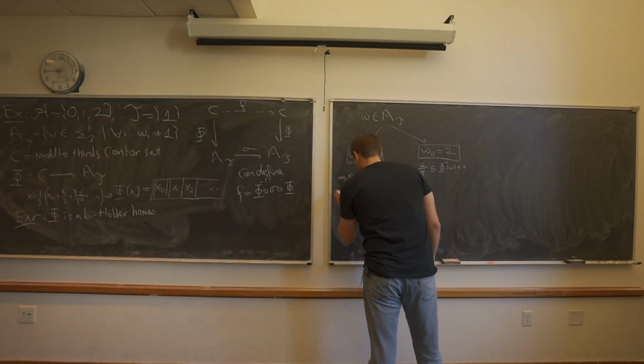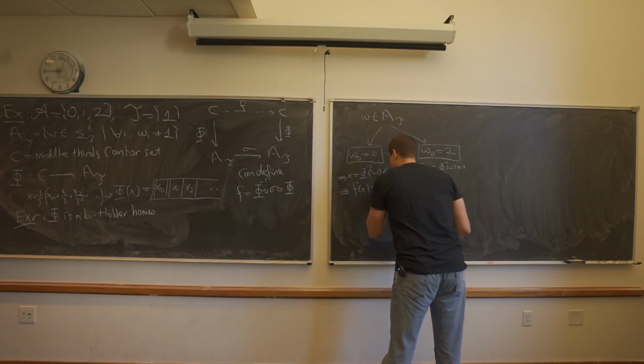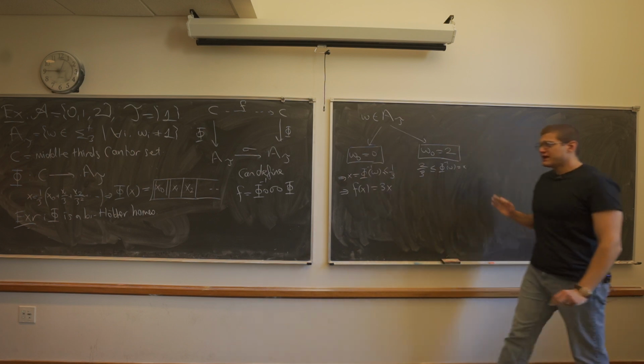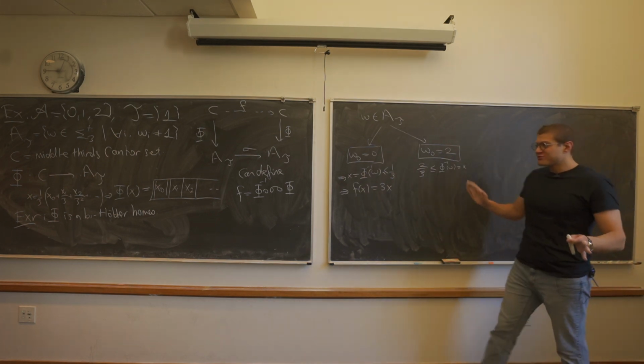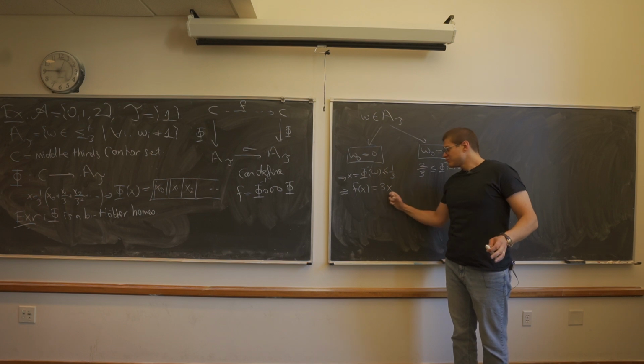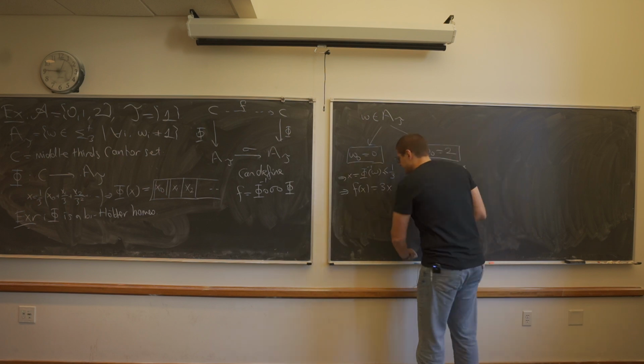So f of x is equal to 3x. Now, 3x is also 3x mod 1 because if x is less than 1 over 3, putting mod 1 here doesn't really do anything. It's the same function after all.